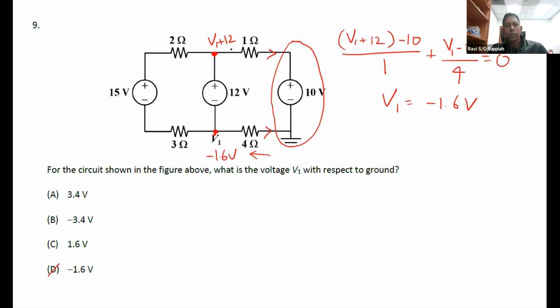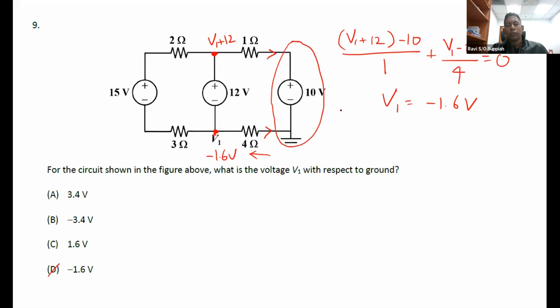That means if here I say the current is flowing this way, then over here it is going this way. But when we are doing the analysis, it is okay to assume whatever you want to assume. That is why, to make our calculation easy, we always assume all the current goes in, or all the current goes out. Correct?